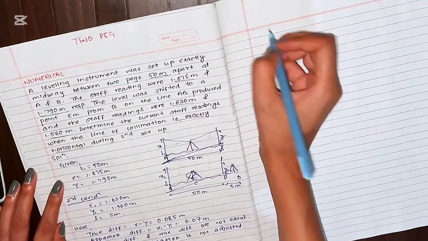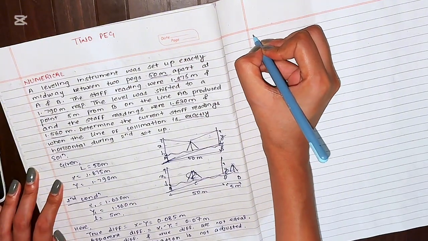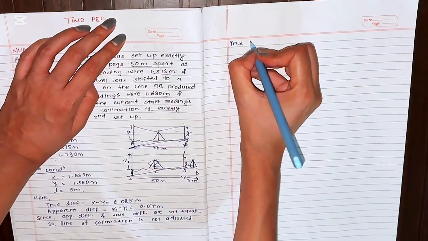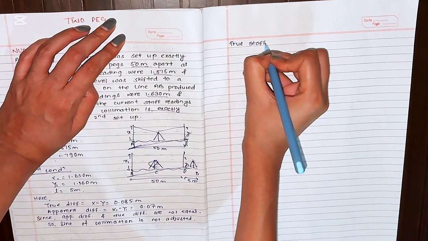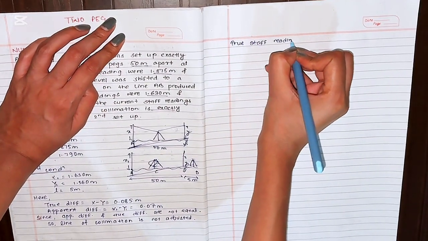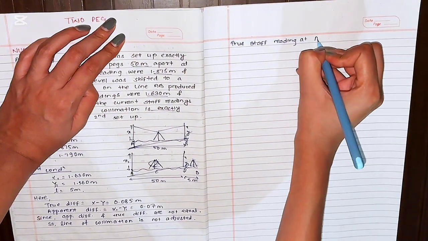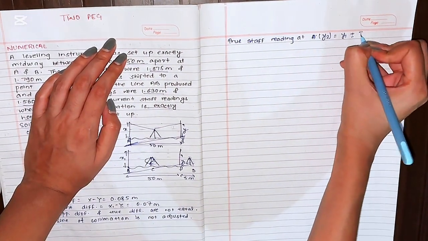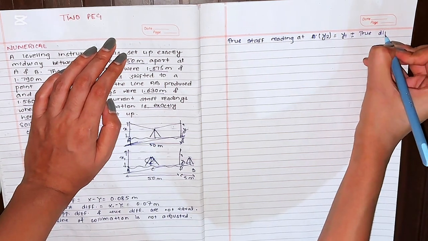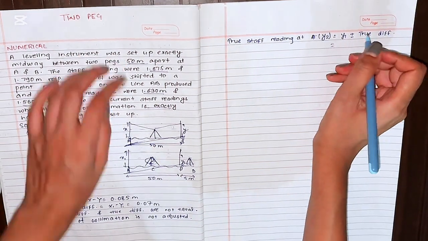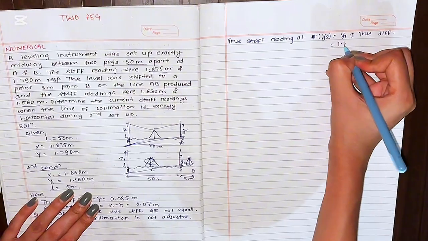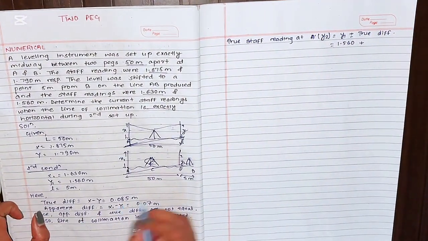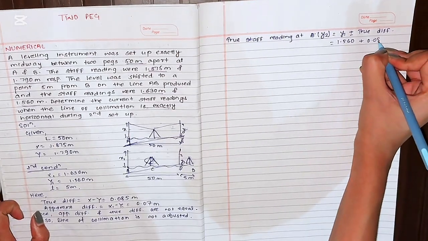Now true staff reading at A, Y2 is equal to Y1 plus or minus true difference, which is equal to, we have Y1 is equal to 1.560 plus true difference, that is 0.085.